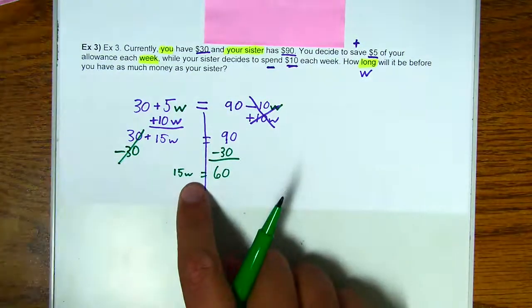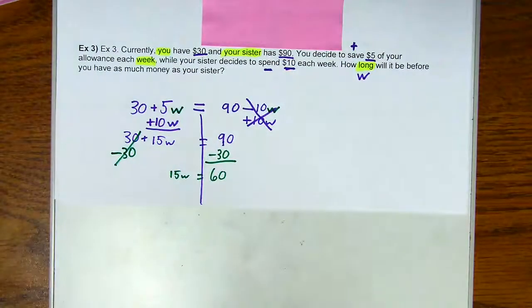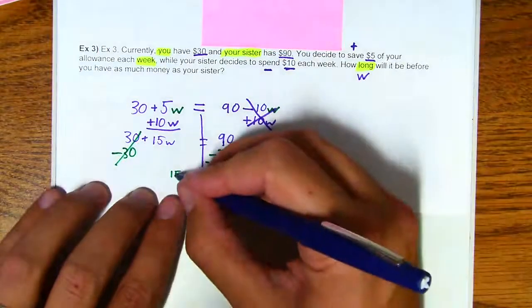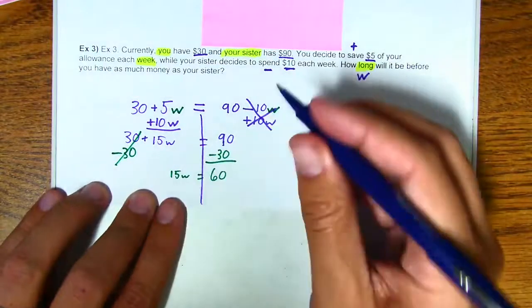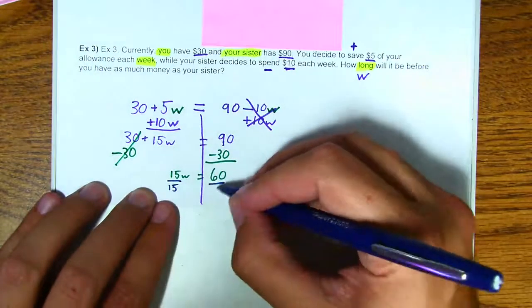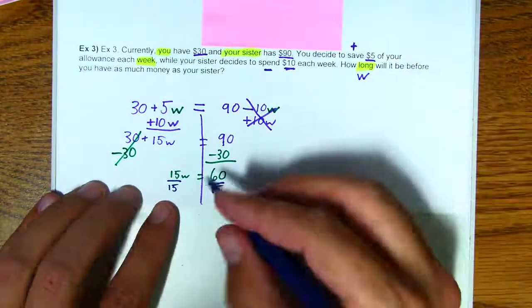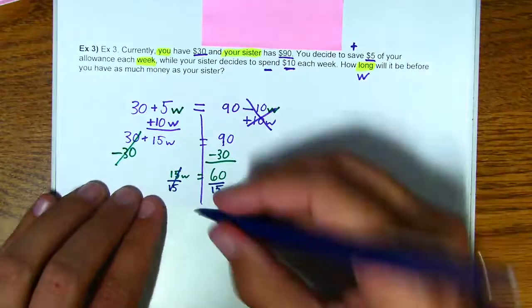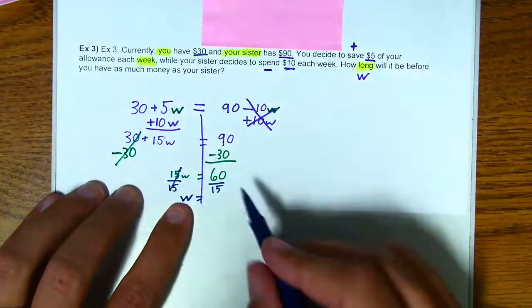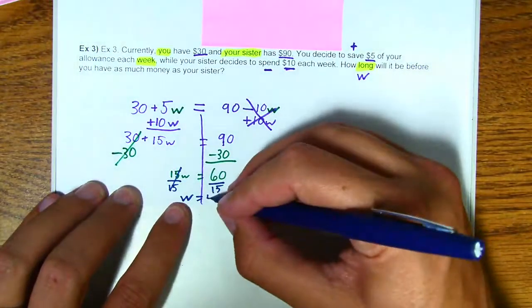Once again, W is still not alone yet. This is 15 times W. So if this is multiplication, I want to get rid of the 15. I need to divide by 15, and I'm going to do that to both sides. These 15s cancel out. I'm left with W. My W is alone. 60 divided by 15 is 4.